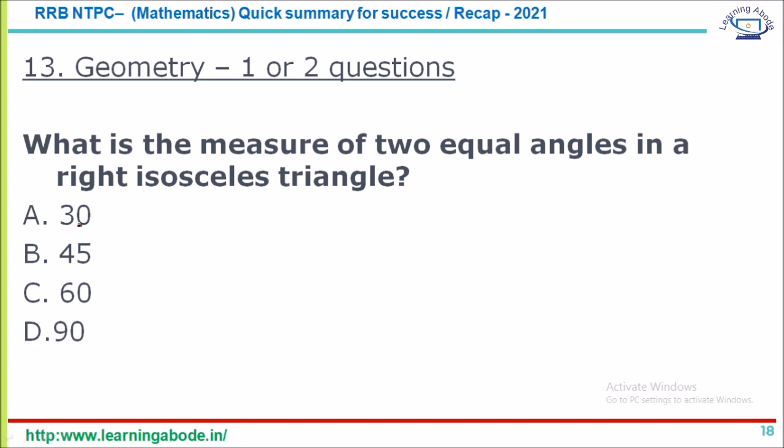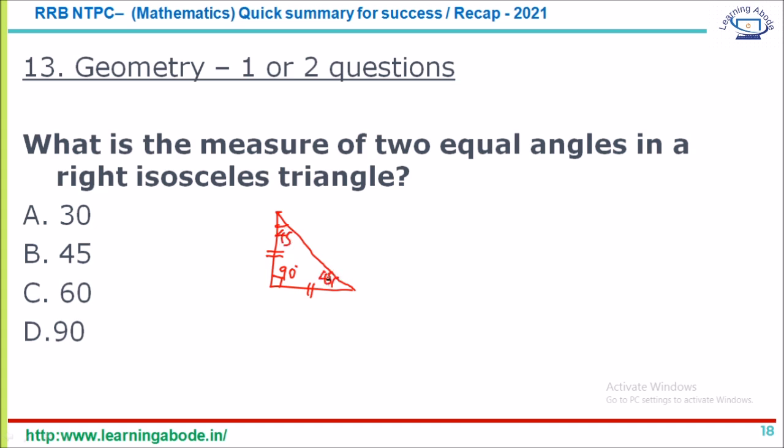So here the question is the measure of 2 angles in a right isosceles triangle, or right isosceles triangle, whatever it is. So the right angle is 90 degrees. When you say isosceles, the 2 sides are equal. So in this isosceles triangle these 2 sides are equal. If this is 90 and the total is 180, this must be 45 and this must be 45.